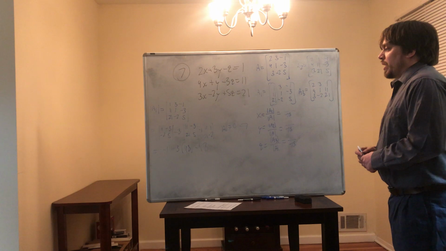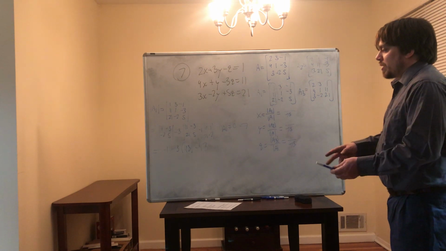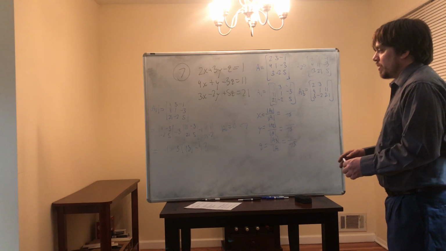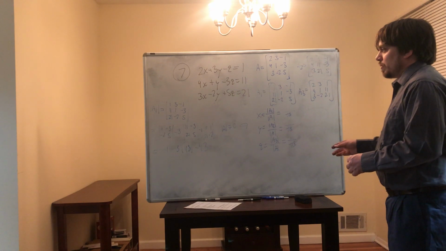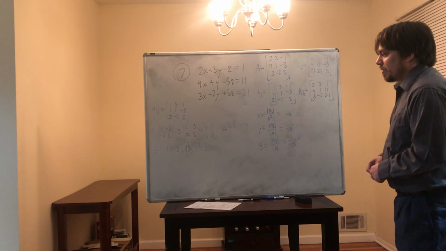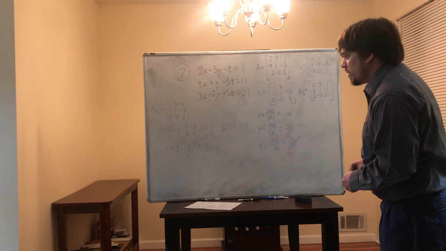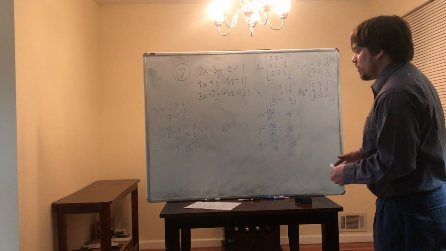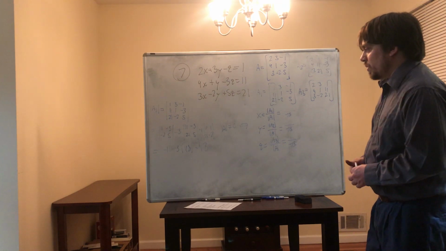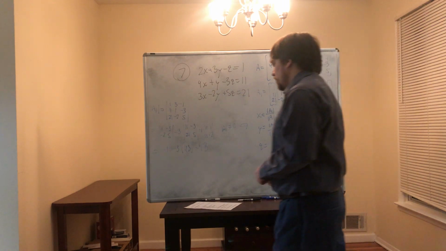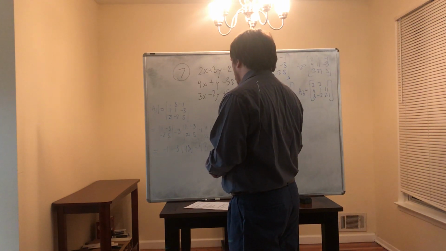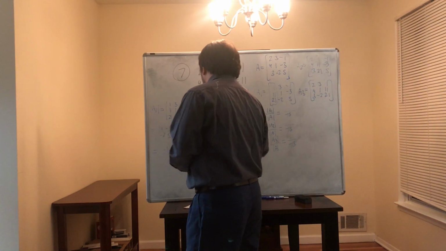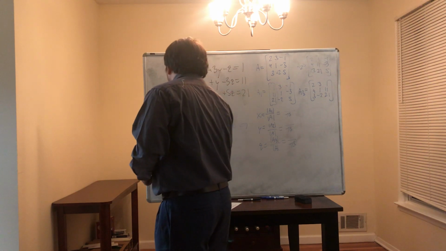So let me just check. 55 plus 63 is 118. Okay, so then 5 minus 6, negative 1, negative 22 minus 21, negative 43. And then times 1 is plus. That's a plus there. Okay, that's clear.